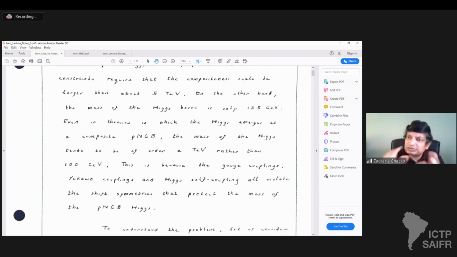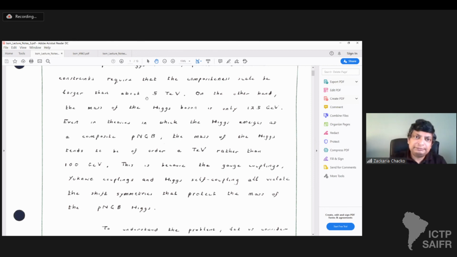Those are just regular couplings that don't respect a shift symmetry. So these couplings, especially the top Yukawa coupling, violate the shift symmetries that protect the mass of the Higgs. Right, and that's a serious problem, right?